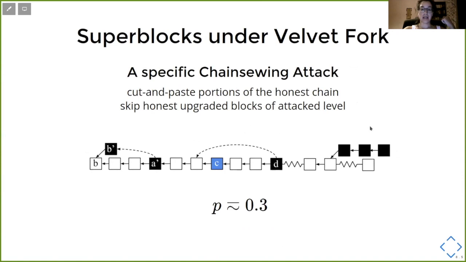And here I'll just show you a more concrete chain attack, where the attacker aims at a specific level of superblocks. We have actually simulated this attack and found out that the probability for it to succeed is about 30%.